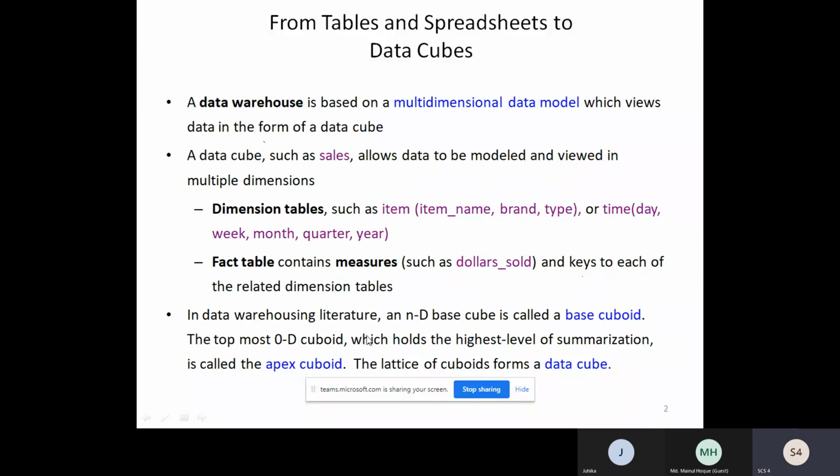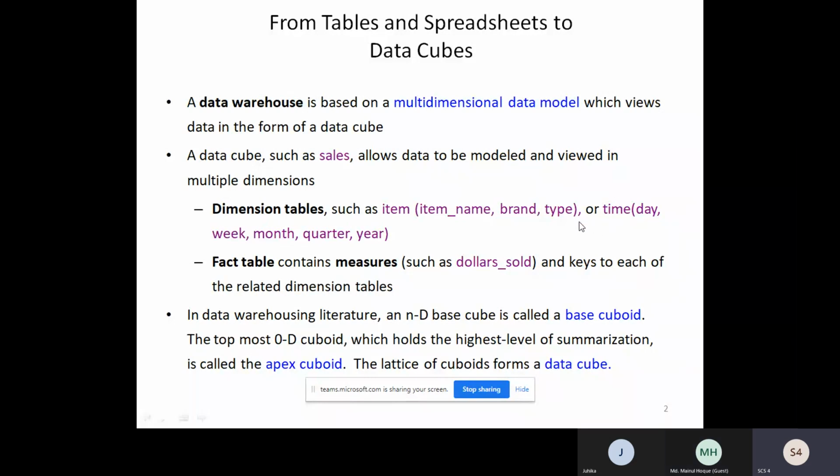So here, what does dimension mean? If I am referring to item, what are the dimensions here? The dimensions are item name, brand, and type. Because this will specify details about the item with respect to different attributes, and the attributes are actually the dimensions in our data modeling techniques.